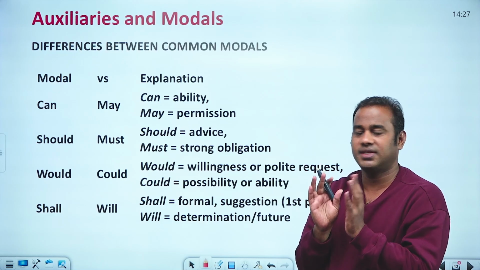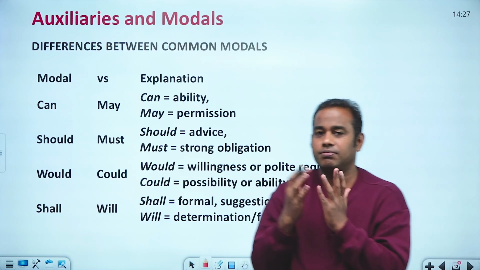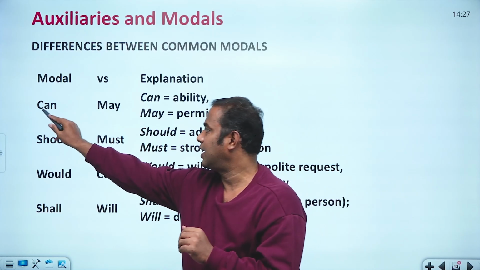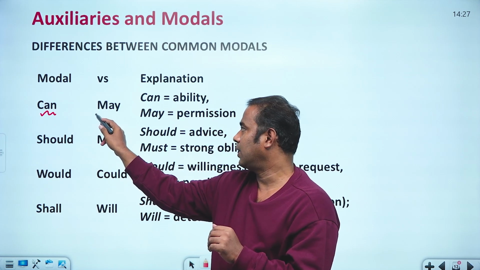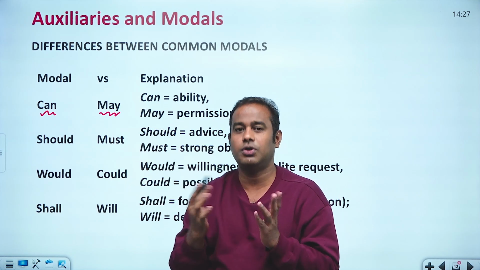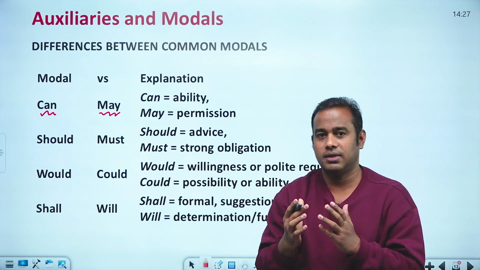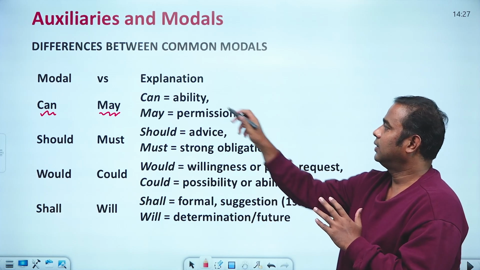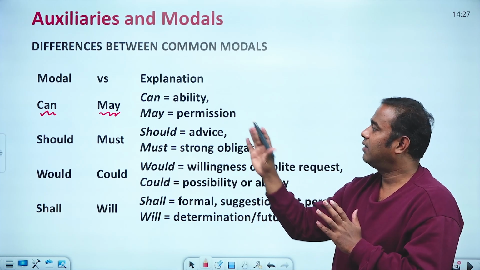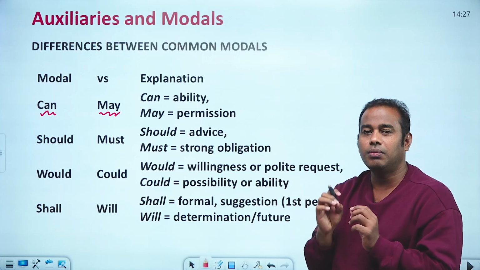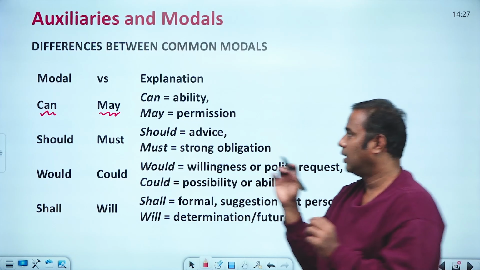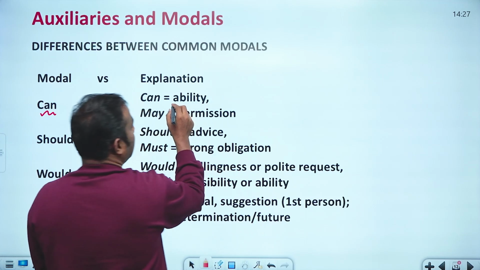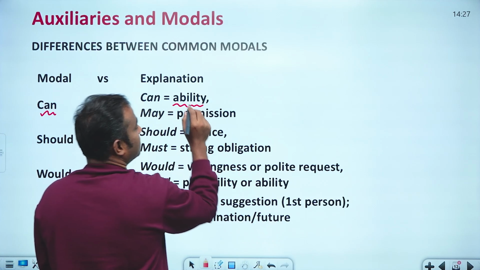Let us look at a simple point. We all know the word can. Where do you use can? Where do you use may? Both convey a similar meaning, but whenever the ability is expressed, can is used.